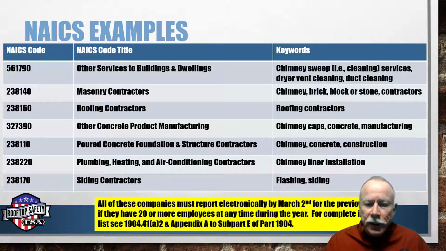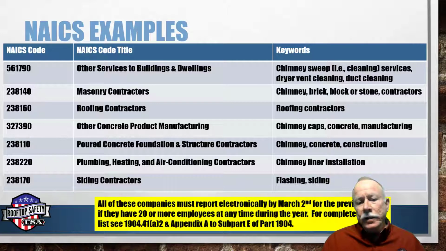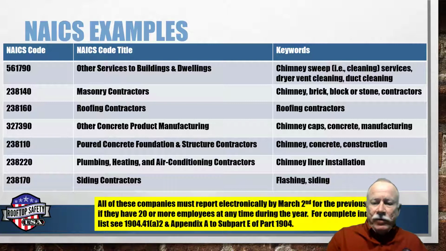For the complete list, see Appendix A of Subpart E in Part 1904 of the OSHA regs. If you have any questions, you can reach out to me. I'll be glad to help you with it. And my contact info is at the end of the presentation.